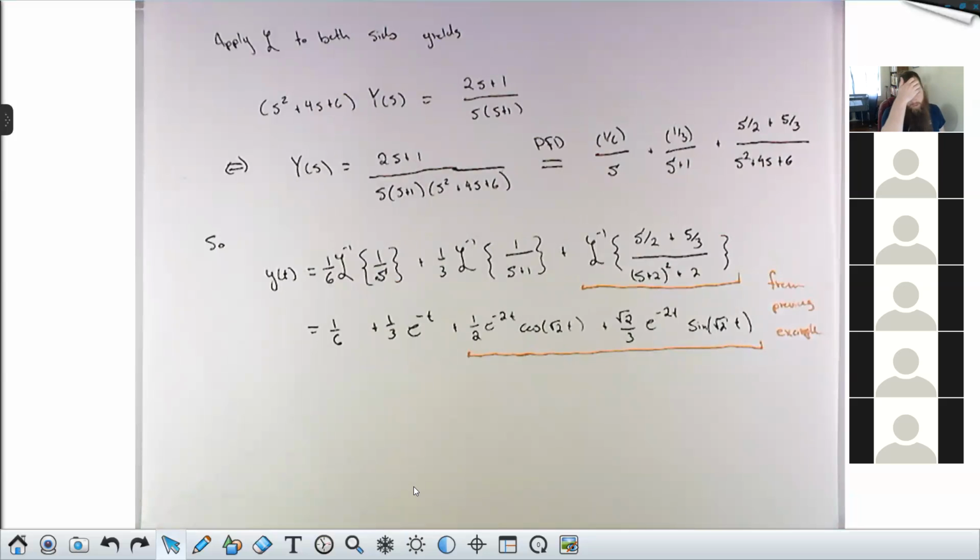So that's most of the story with Laplace transforms. Most of it. There is one big thing missing, though. So we've got one big lingering question.